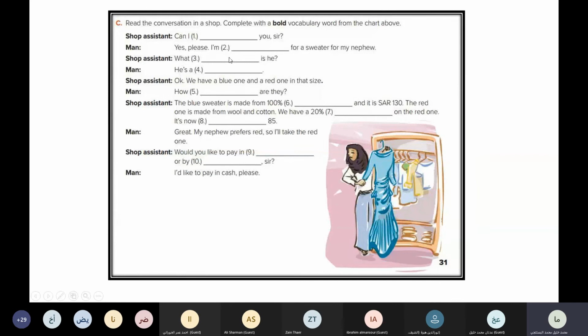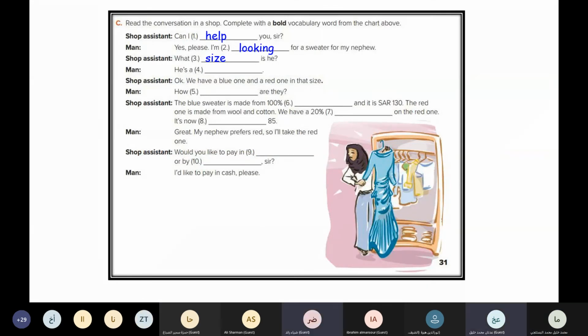Asking about the size: what size is he? Good. Yes.